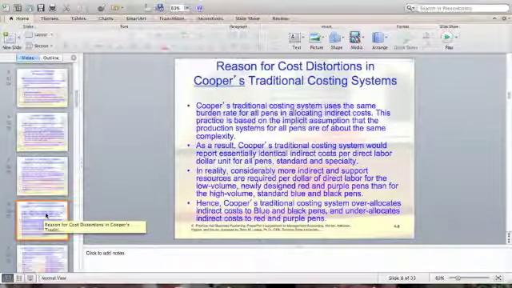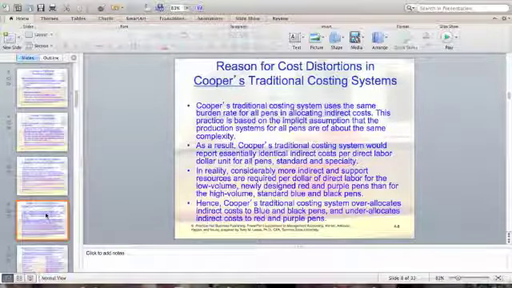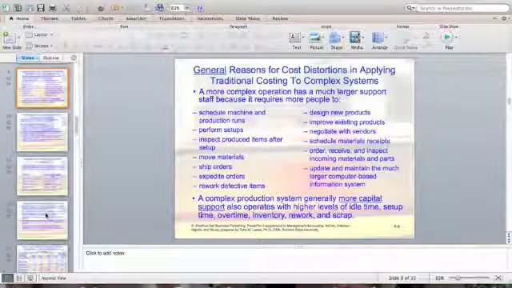Now the traditional costing system was just saying, hey, listen, you have a certain amount of labor hours in general, and each piece has a certain amount of labor hours. I'll allocate all that batch costing and setup costing according to the labor hours. But in a more complex environment like this one, we have a lot more going on.